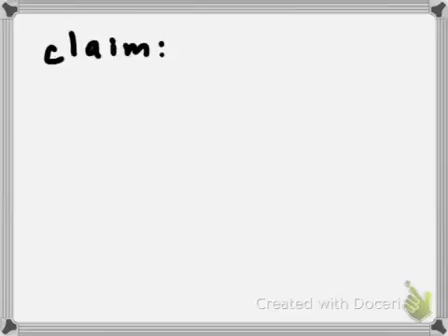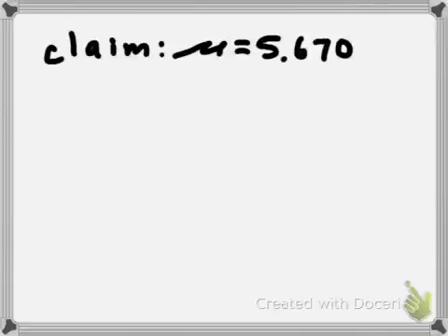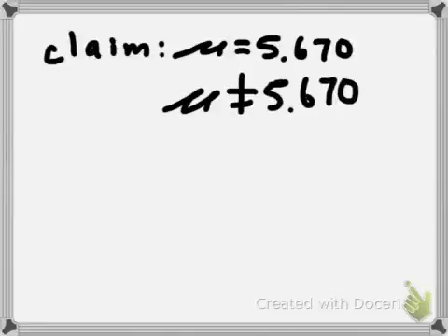So the claim is mu equals 5.670, and the opposite of that is mu does not equal 5.670, and because the original claim, mu equals 5.670, has the equal sign, that's the null hypothesis, and so this is the alternative hypothesis.